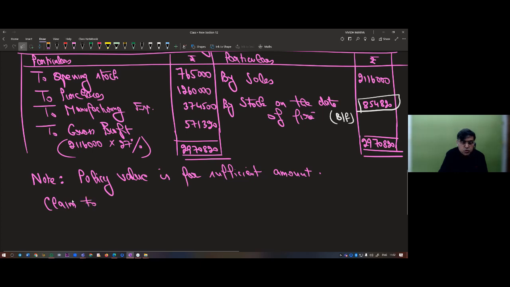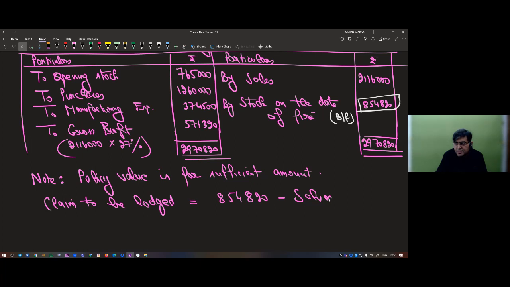Claim to be lodged is equal to 854 minus 20 less salvage, stock nil, is equal to rupees 854,820.